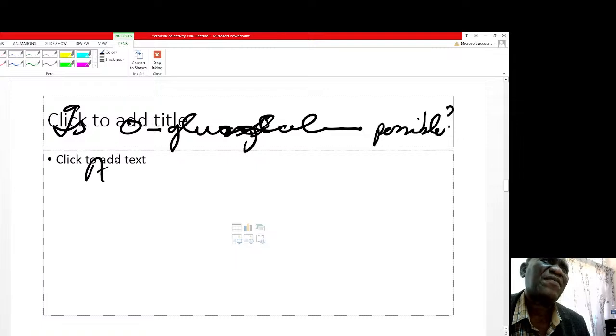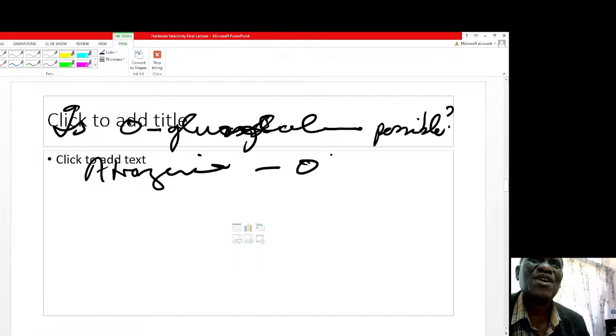Because we also have atrazine carrying the OH. We know atrazine with OH can also undergo conjugation via the glutathione group.